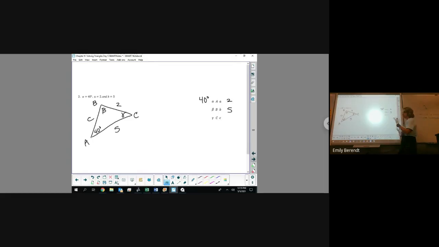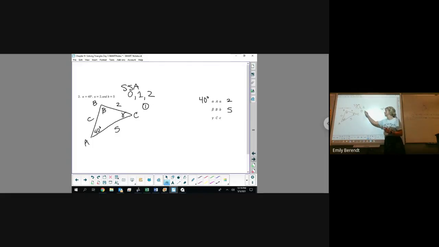And you'll notice in the triangle, you've got an angle and two sides. So this is an SSA, which can make 0, 1, or 2. To use the law of sines, you have to have the sine of an angle over its opposite side. So you need an angle and its opposite side, which we have, the 40 and the 2.